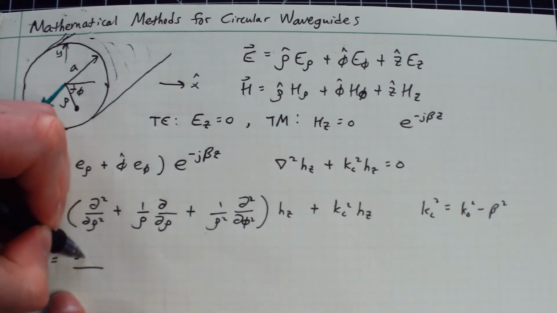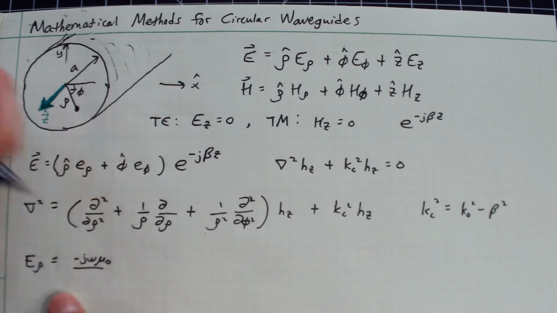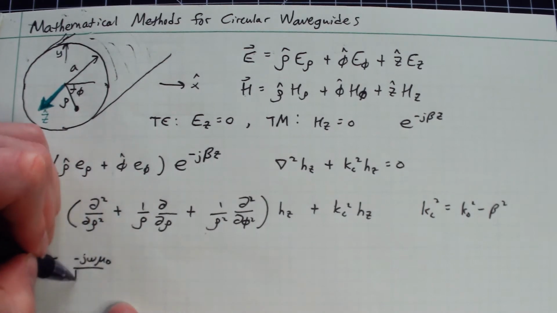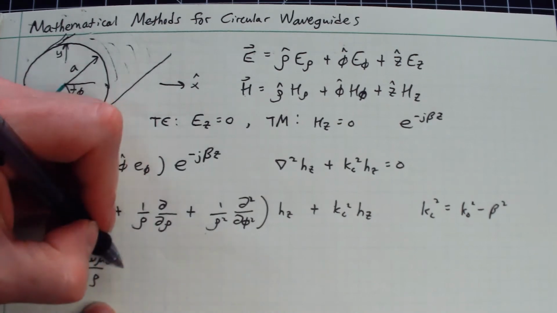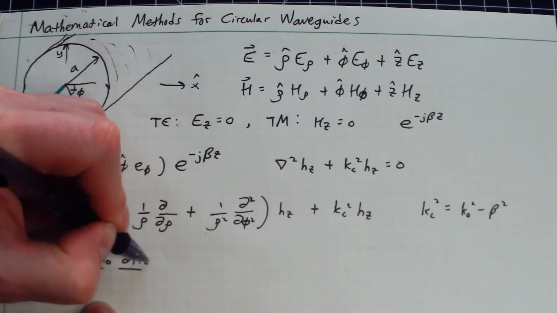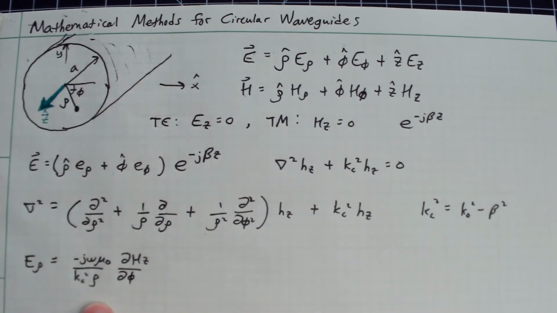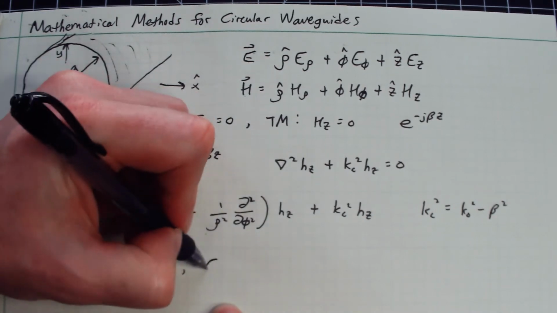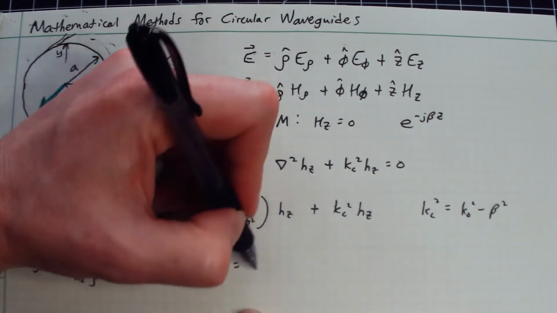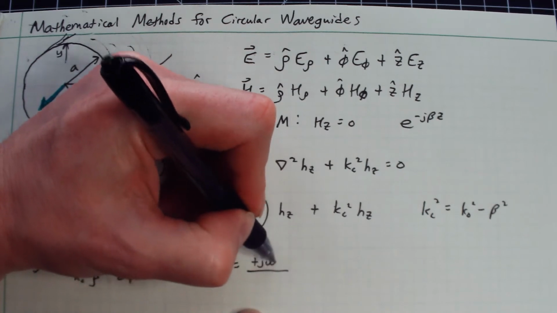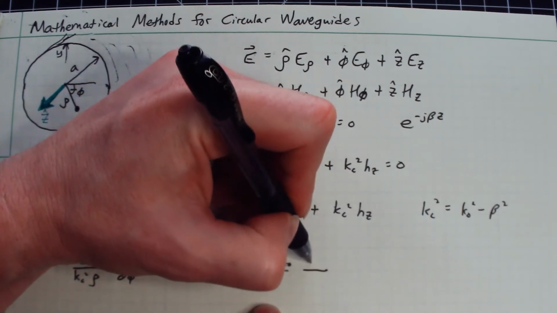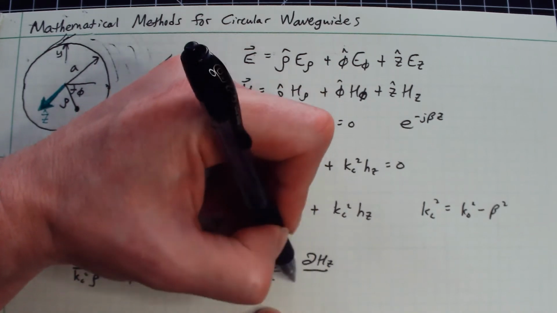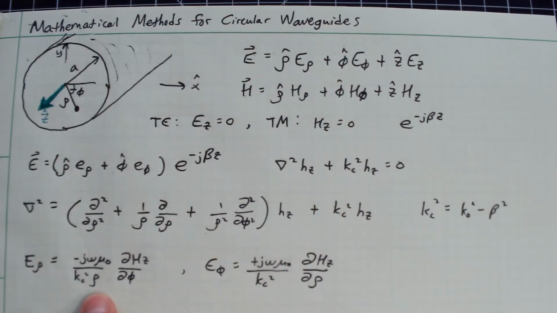E sub rho is equal to minus j omega mu naught divided by k sub c squared rho. That's very important. Partial h sub z with respect to phi. And then my E sub phi becomes plus j omega mu naught divided by k sub c squared partial h sub z with respect to rho. You notice there's a rho here, but there is not a rho over here.